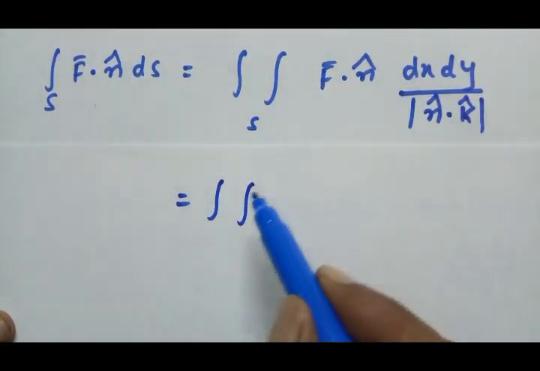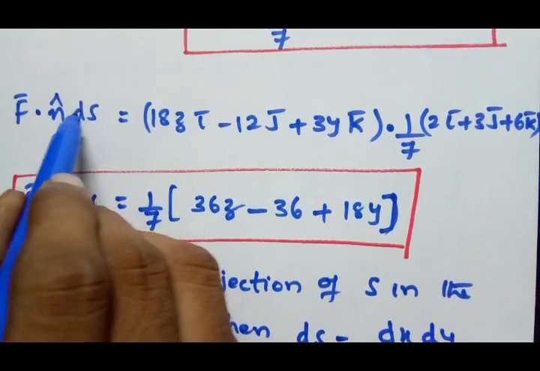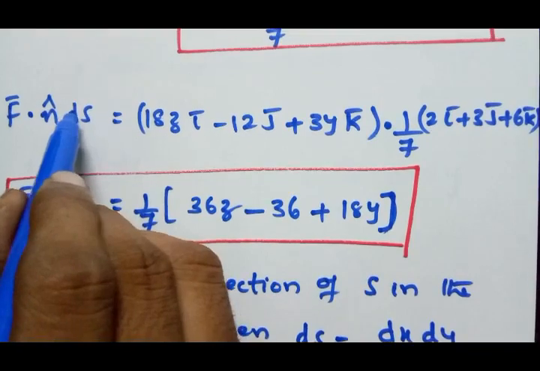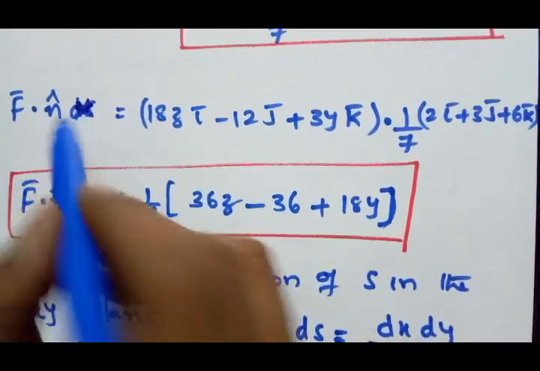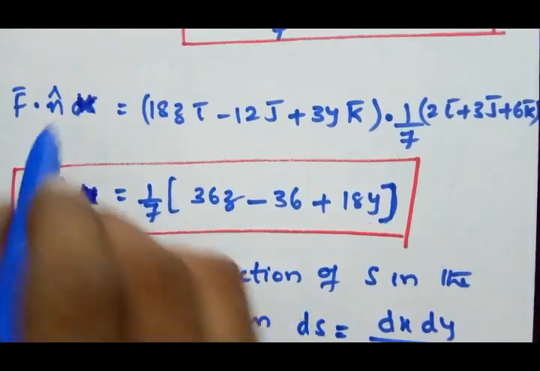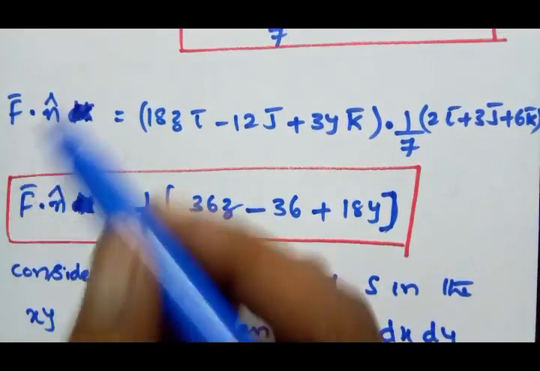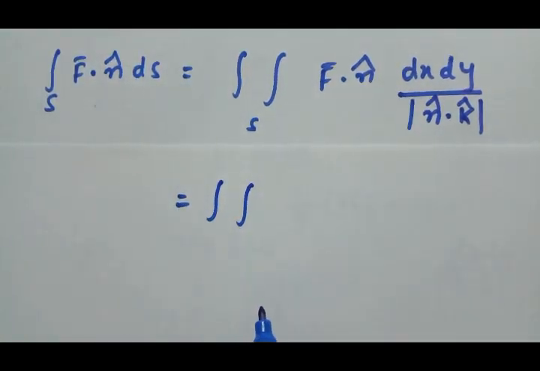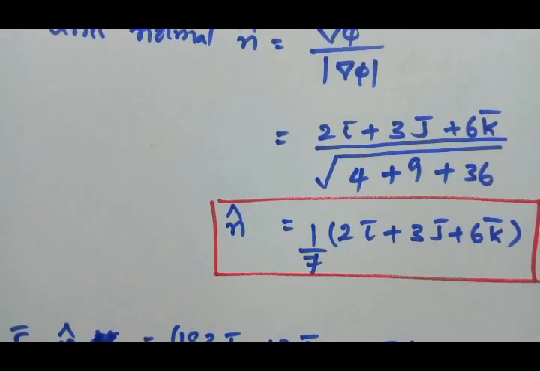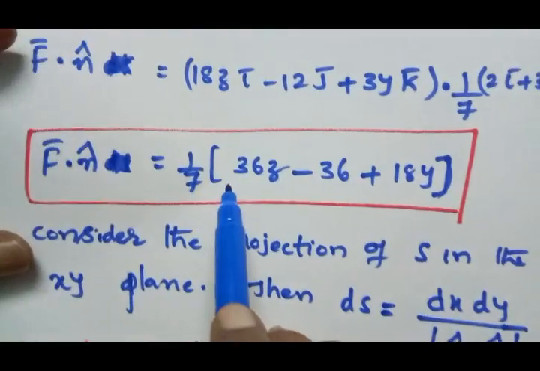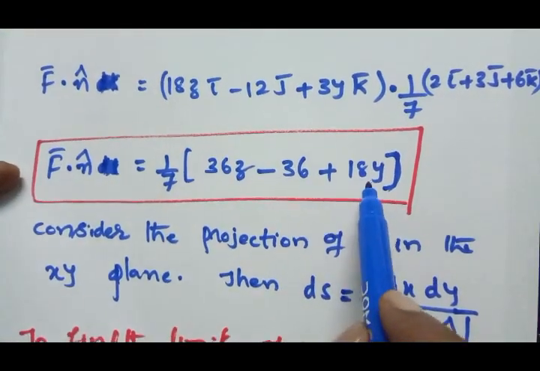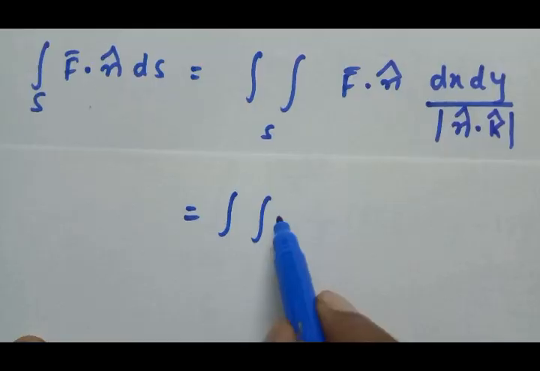See, I wrote dS, but I just calculated f bar dot n cap, so dS is not here, sorry, remove dS. F bar dot n cap is 1 by 7 into 36z minus 36 plus 18y.